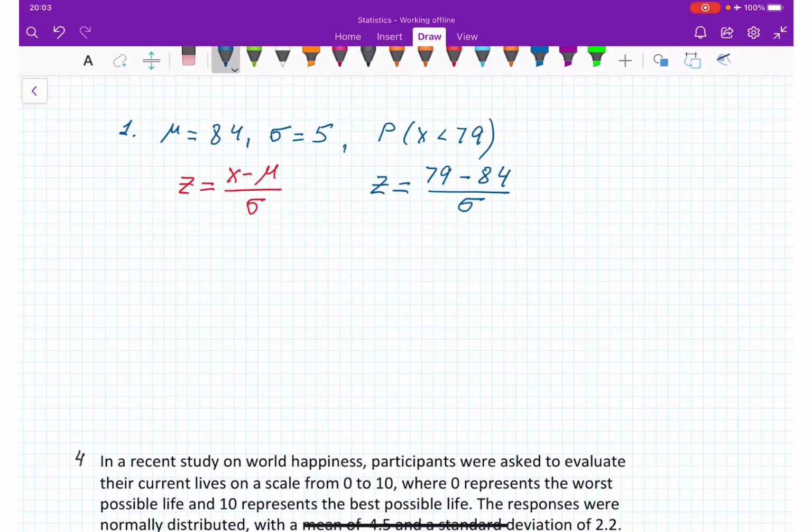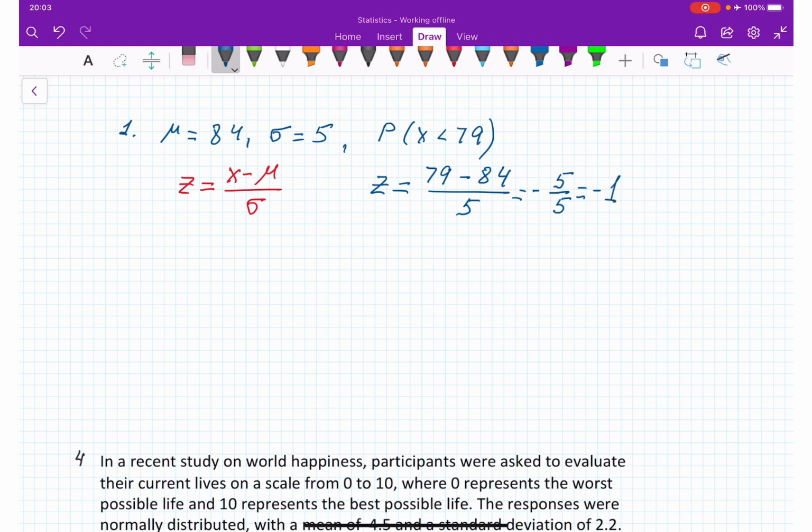Back to our problem. Divided by sigma, which is 5. So what do we get? 84 minus 79 is going to be negative 5, right? And divided by 5, it's going to be negative 1.